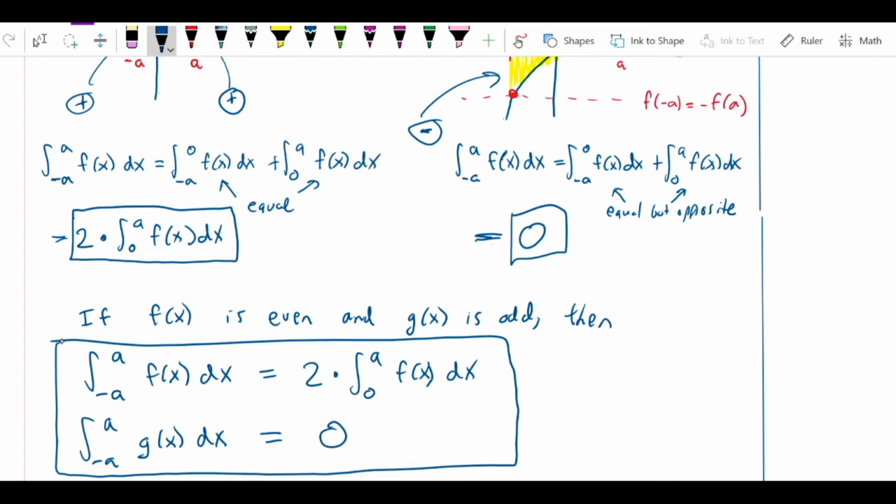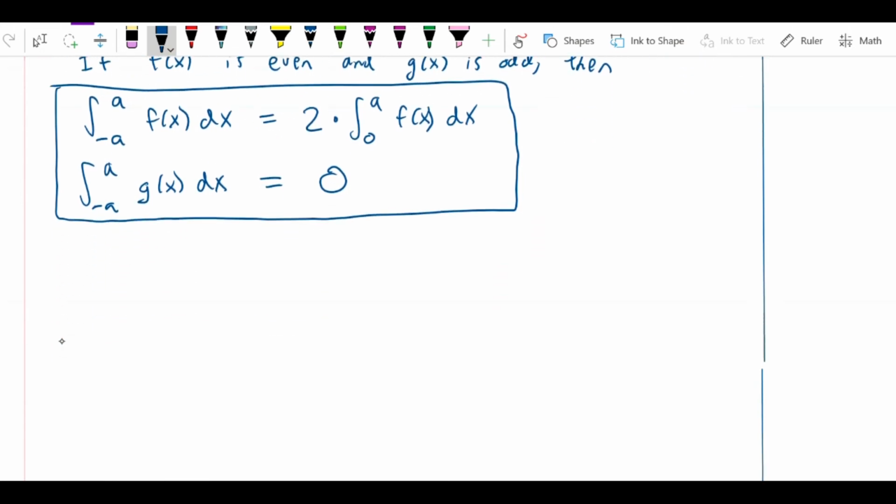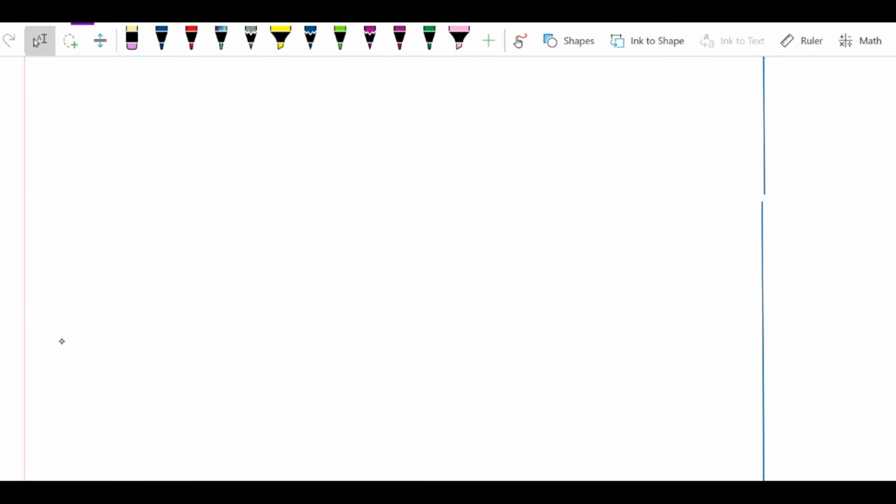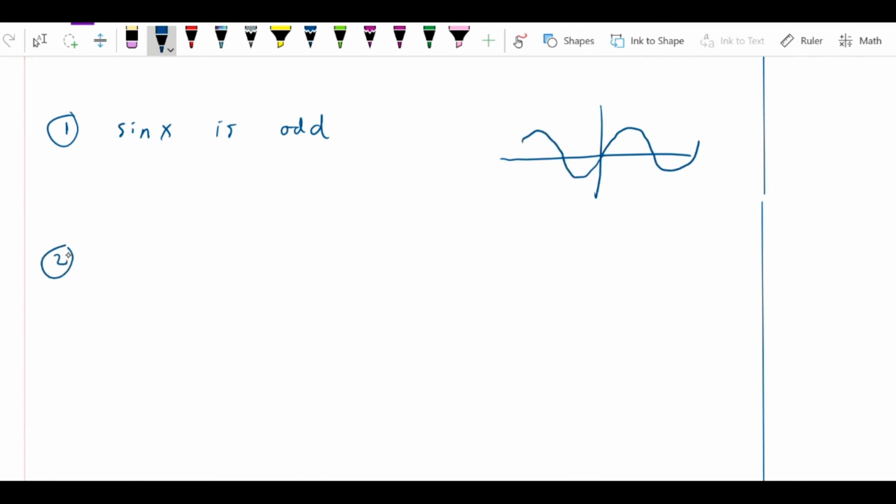Okay, so there are a couple of things that you have to know about even and odd functions that make them a little bit easier to identify and work with. So first, sine x is an odd function. Next, cosine x is an even function.